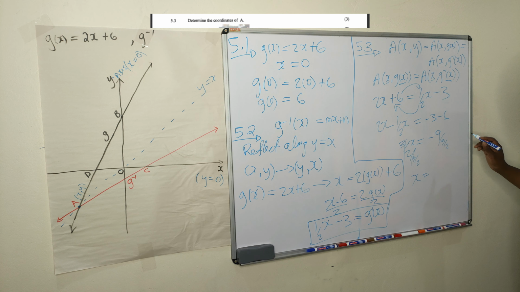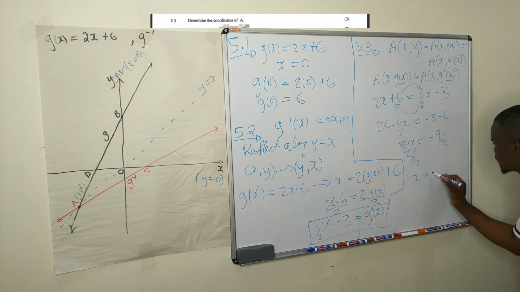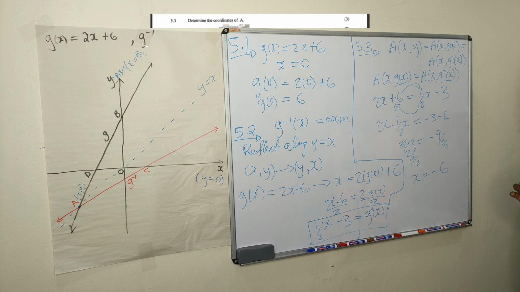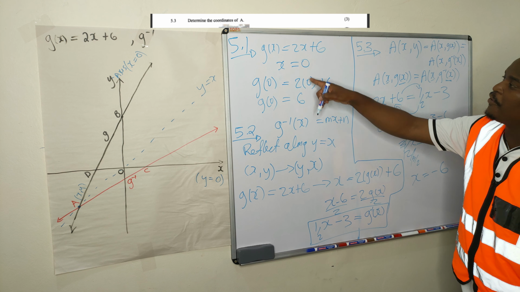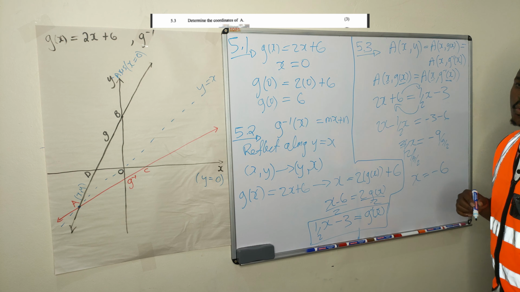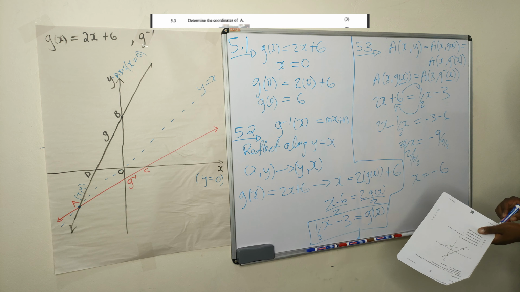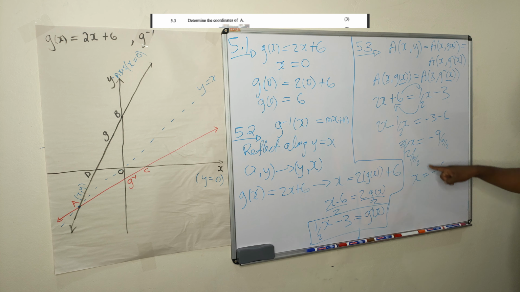So this goes away. x is equal to what? Punch this on your calculator, you'll find that it's equal to -6. So your x coordinate is equal to -6. Then to find your corresponding y value, like we did on the first question, you substitute your x value into your function equation.